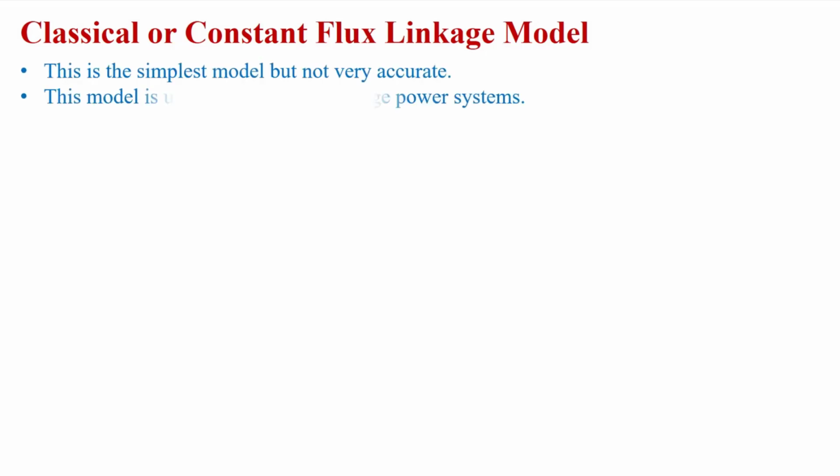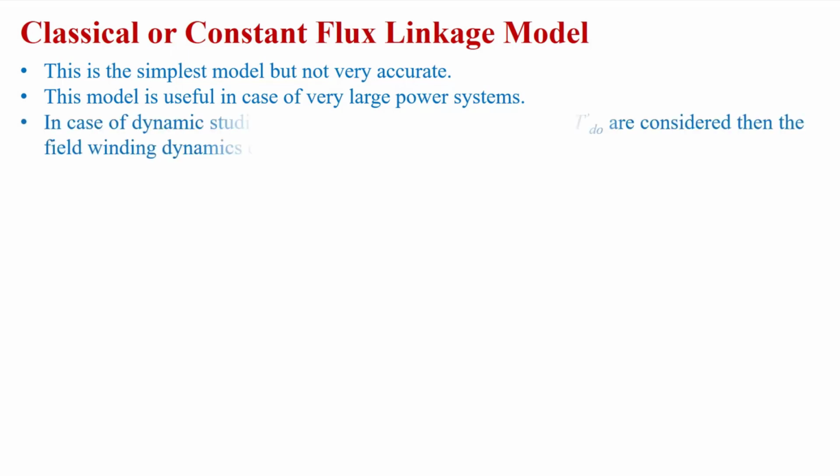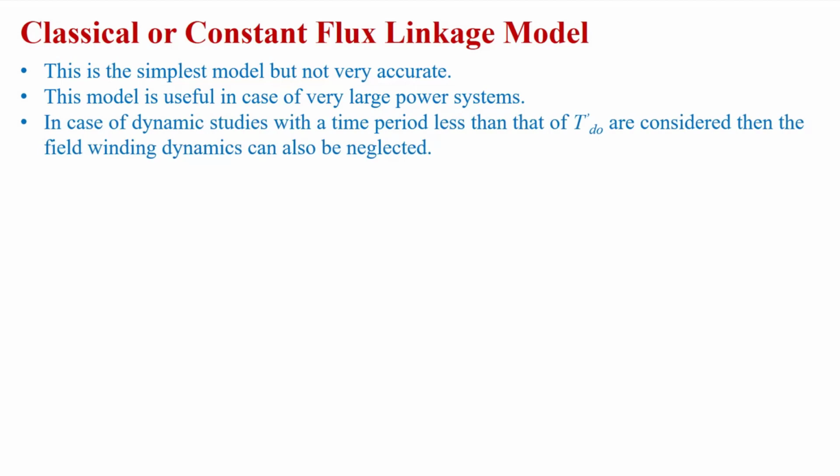Before that, we can revise a little bit what we did in the last class. We stopped at the classical or constant flux linkage model, which is the simplest model but not very accurate, and is very useful in the case of large power systems, right?